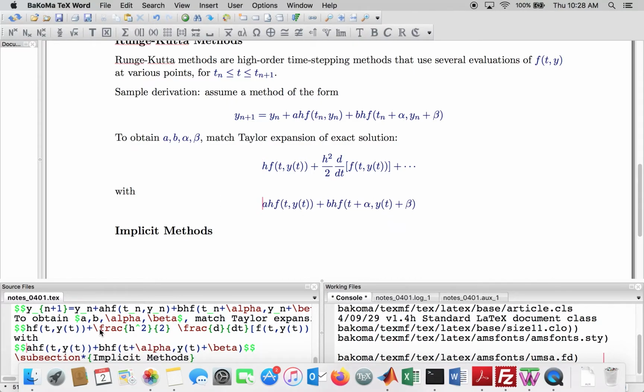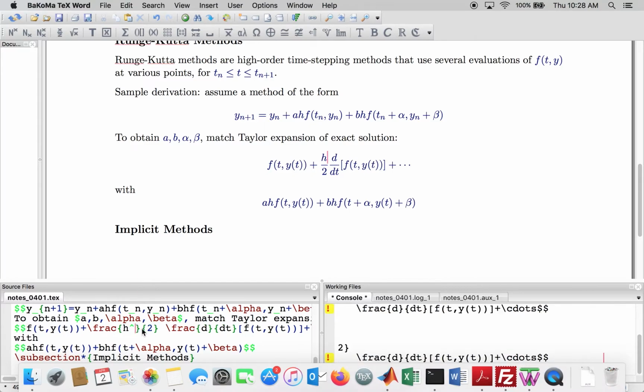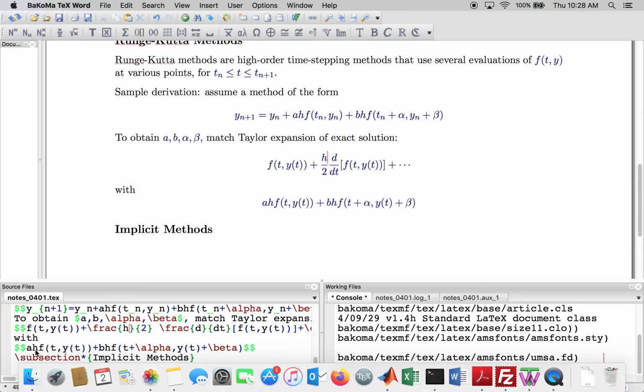Okay. The other thing is, we have a common factor of h in every term. So I will get rid of those also. Okay. All right, so I need these to line up.